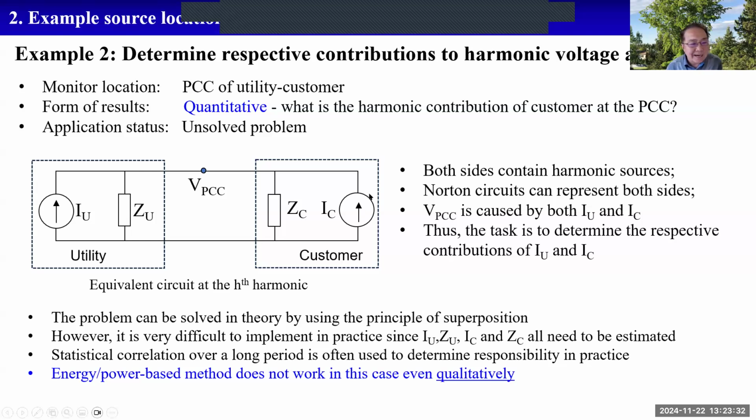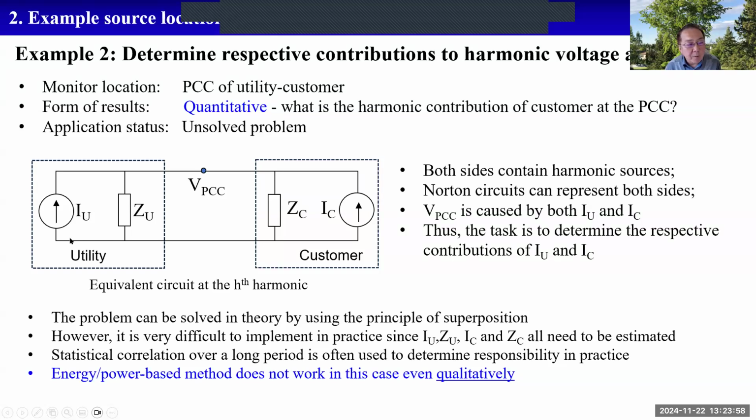Let me explain the challenges, why this cannot be done, even with today's technology. Basically, both sides contain harmonic sources. The customer obviously has harmonic sources; that's why you are monitoring. The utility side has harmonic sources too, because they have other customers connected. This will be the equivalent source from other customers.